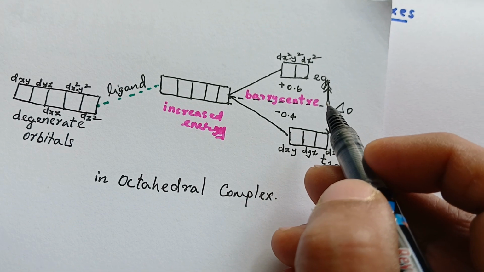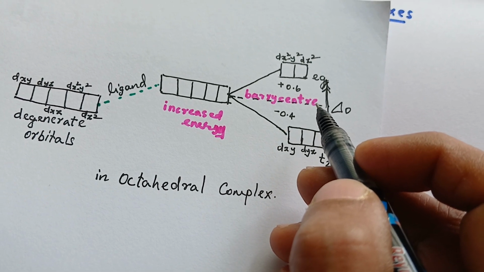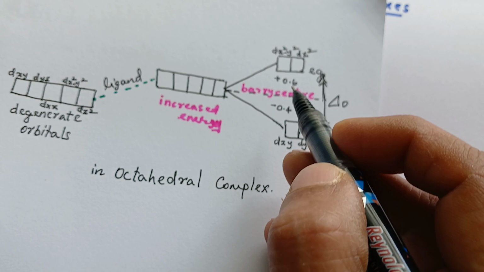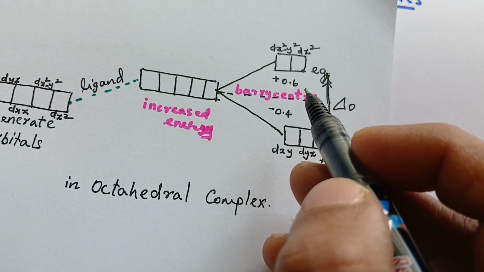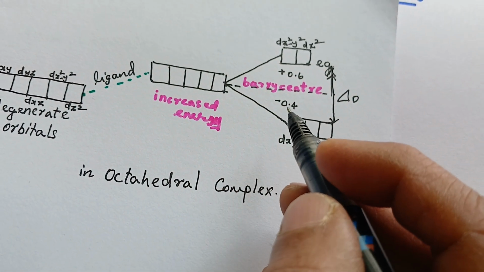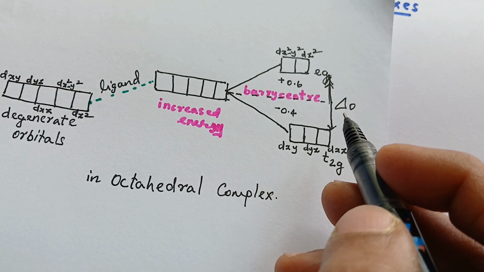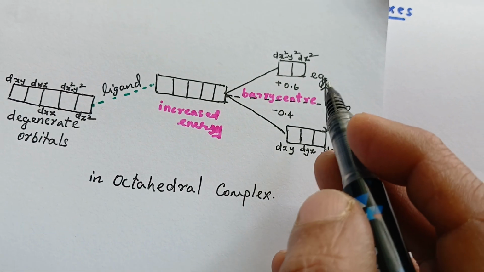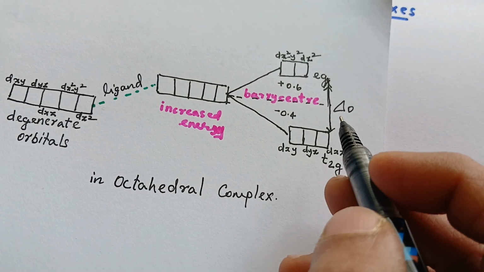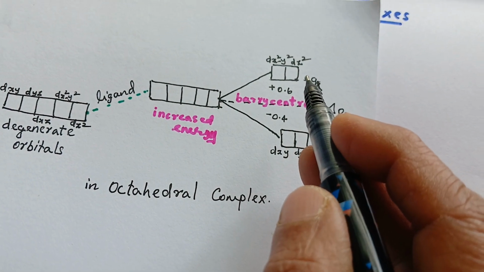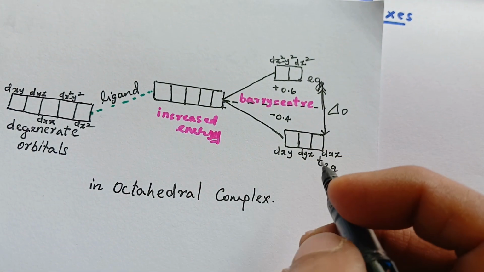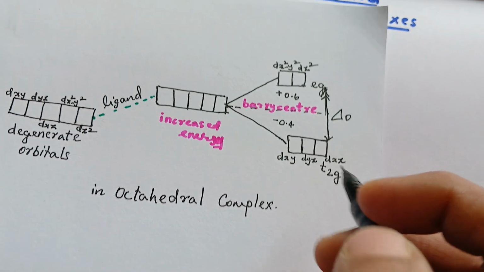It has a 0 value associated with it. The quantities above it are positive and the ones below it are negative. And this delta O is the crystal field splitting energy, that is the energy difference between the EG and T2G sets.